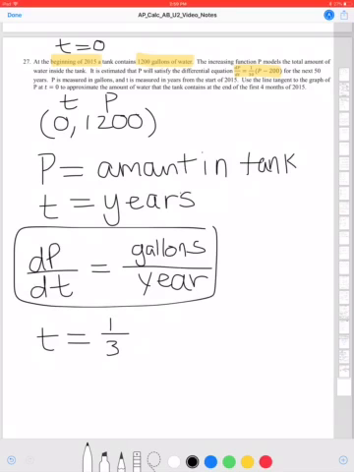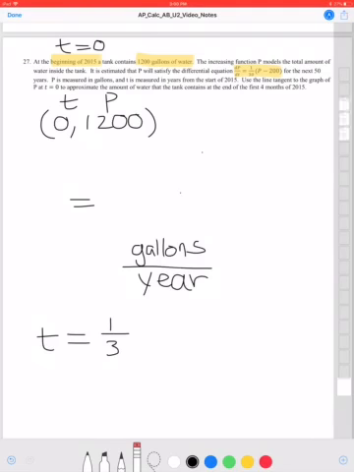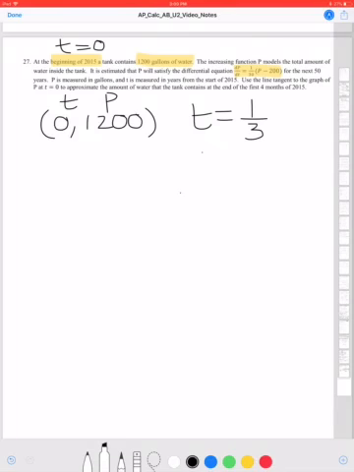Right, so to find the line tangent to the curve, I need 2 things. I need a point and I need slope. Alright, so let me give myself some room here. T equals a third. But we've also got T equals 0.